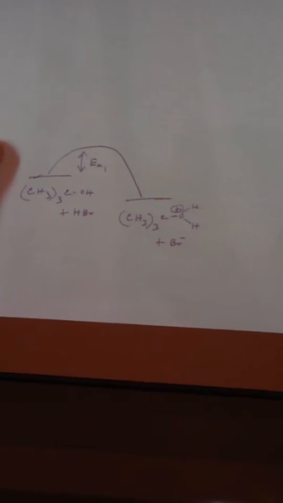Now let's just try HBr. So it forms a protonated species plus Br minus. And we are not showing all the electrons of Br.